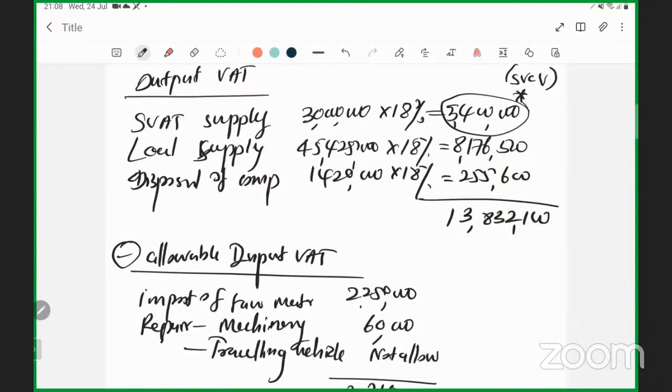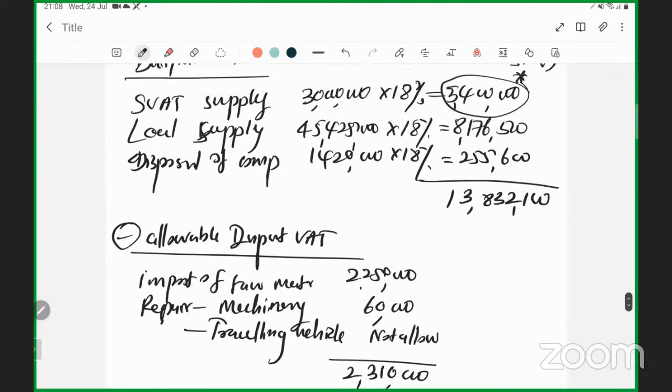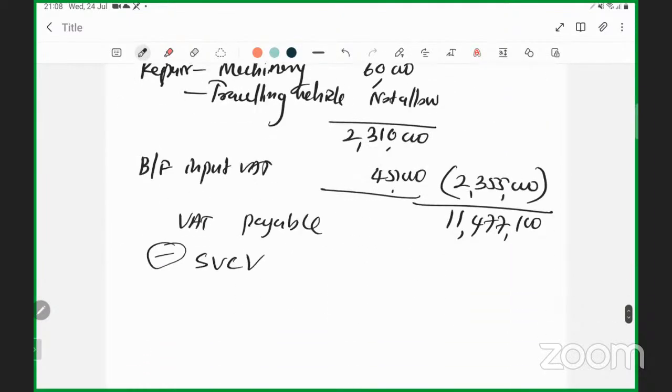The purchaser will give you SWAT credit vouchers. If you do not collect this 5.4 million in cash, how can you pay to the Inland Revenue Department? You cannot pay in cash. That's why, instead of cash, you need to collect the SWAT credit vouchers from the customer. Then you can set off the collected SWAT credit vouchers against your payable amount to the IRD.